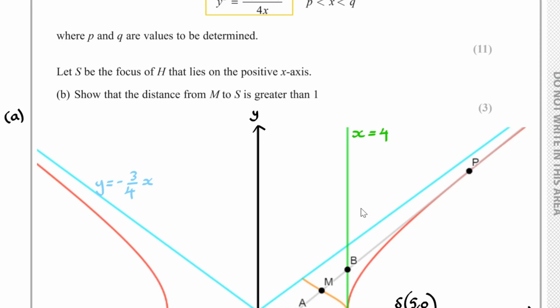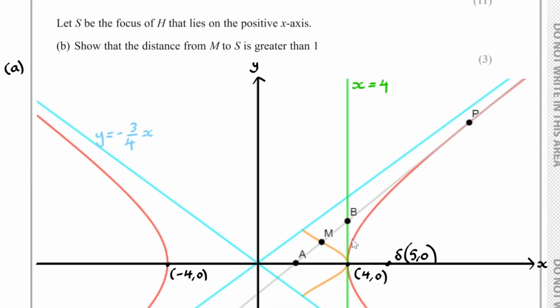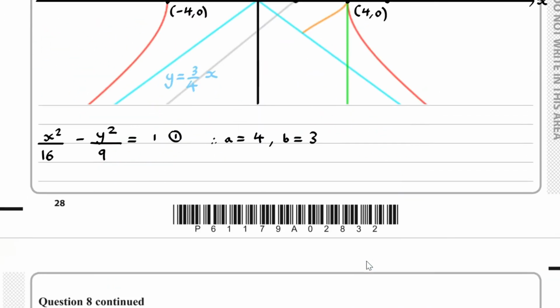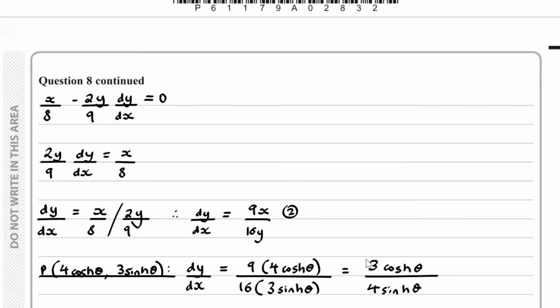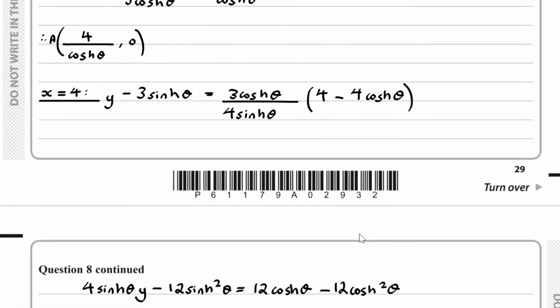So the distance is equal to, well, when M lies on the positive x-axis, the distance is equal to 1. So when M moves across here, the distance is the difference. So we can subtract 4 from the x coordinate of the focus.